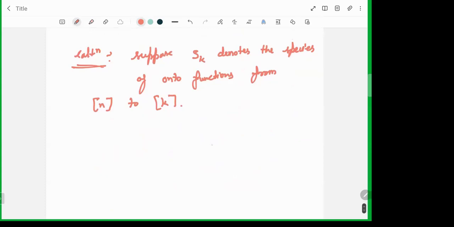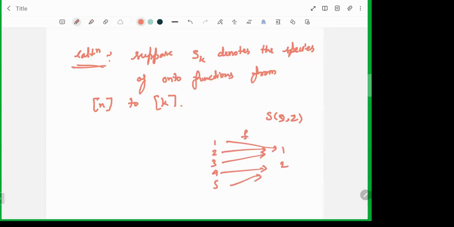So what I am saying is, suppose you have 1 2 3 4 5 and you are interested in S(5,2). If you give a function f sending 1 2 3 to 1 and 4 5 to 2, this is basically partitioning into two blocks, 1 2 3 and 4 5.